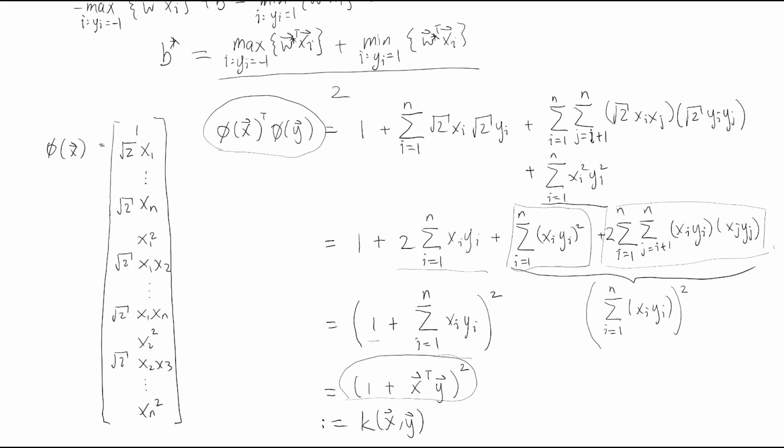This is just x transpose y, and then you have to square that, add 1, and then square the whole thing. So that doesn't take as much work as doing phi of x transpose phi of y. Okay, so this is an example of a kernel trick for the polynomial feature of up to degree 2.